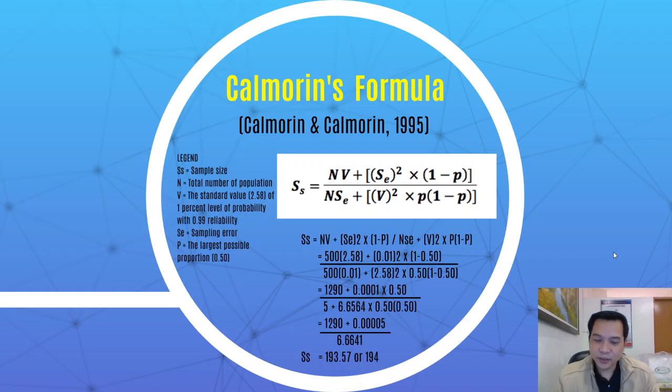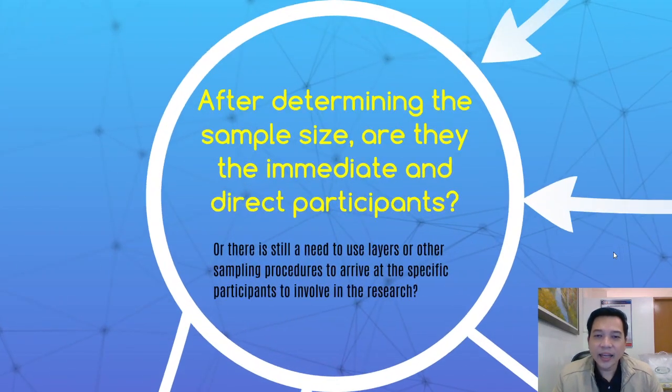Okay? So after choosing the formula appropriate for you, fitting for you, or your sampling formula that is appropriate for your study, and arriving at your sample size, now the next thing is to ask, given this sample size, let's say in Calmorin, you have 194, are these your direct participants or do you still need to cluster them up?